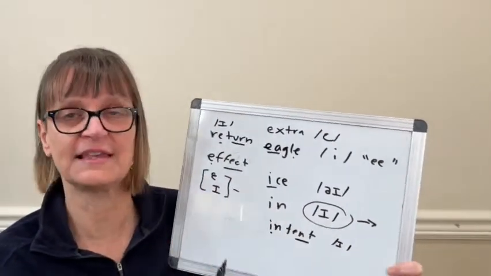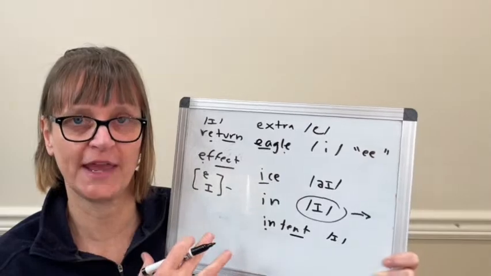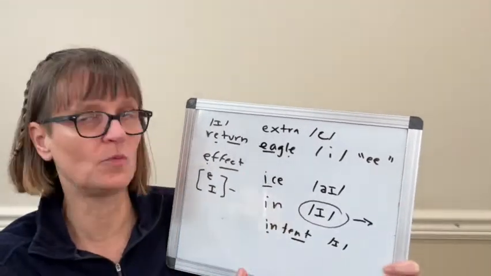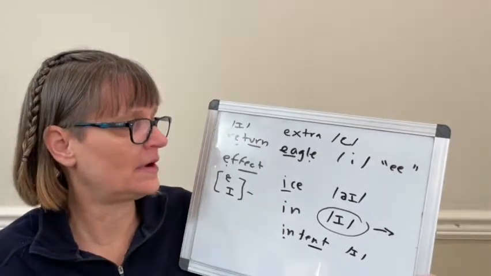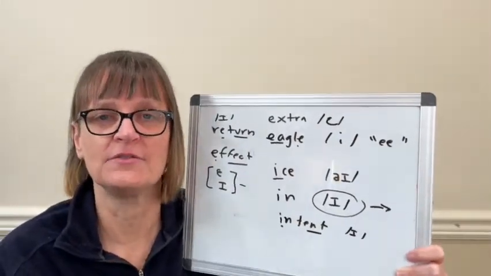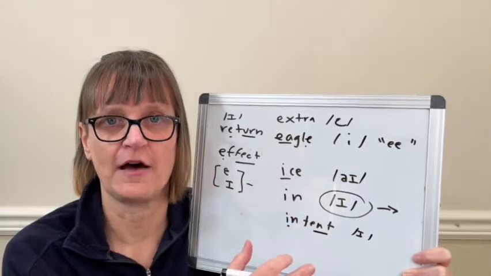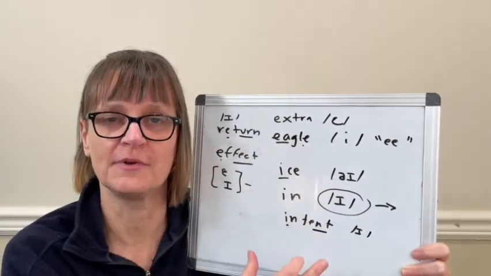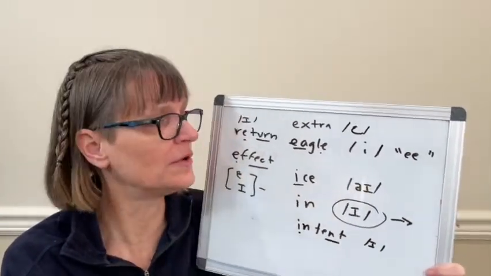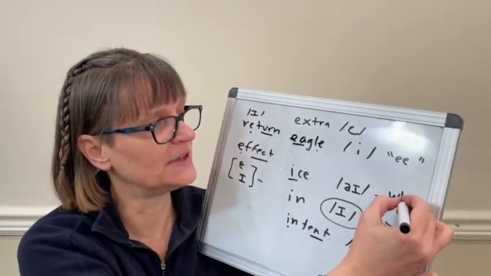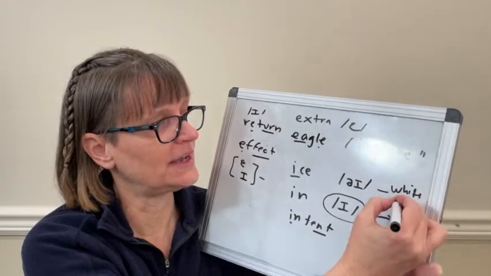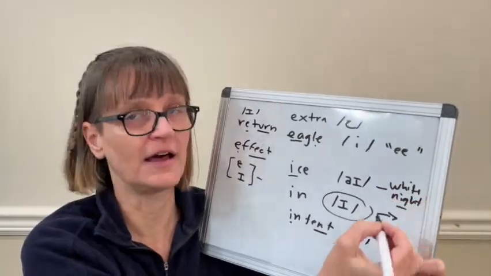So the exact vowel may change depending on whether it's stressed or not. Typically though, when it comes to spelling and sounds, it's really helpful to have a dictionary that you know how to read the symbols and that you have some example words. So for example, for one symbol I think about that as the white knight diphthong, the I sound.